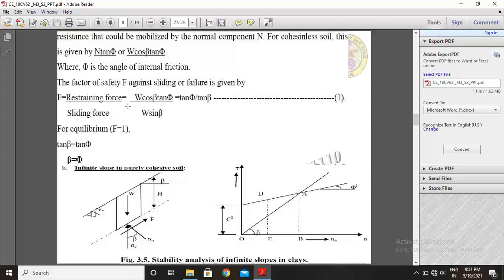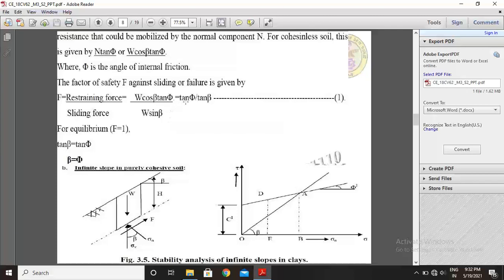The factor of safety F against sliding or failure is given by F equal to restraining force divided by sliding force. The restraining force means W cos beta tan phi, divided by the sliding force, W sin beta.